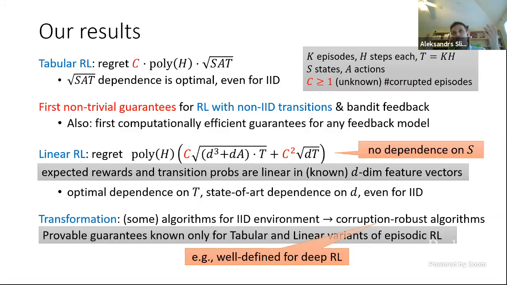Do you think this is fundamental somehow? Because I think you can do action elimination for linear bandits without paying, so without corruptions, you can get rid of it. We don't know how to do it with corruptions. I don't have an opinion on whether it's fundamental. It's just that we cannot do it.